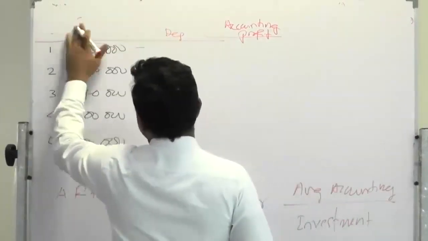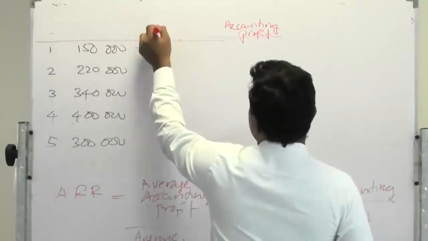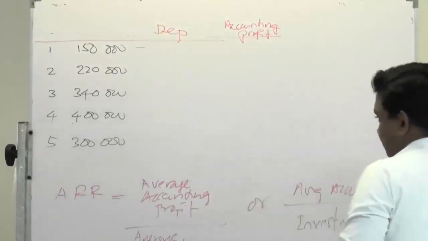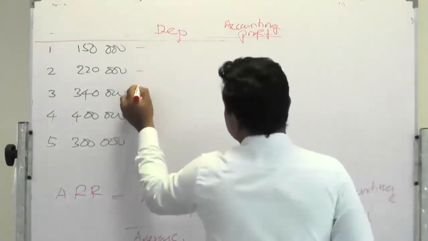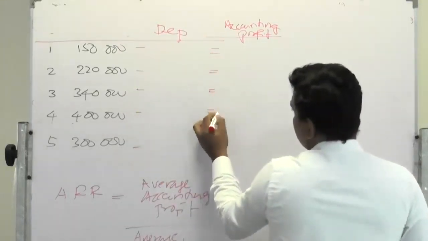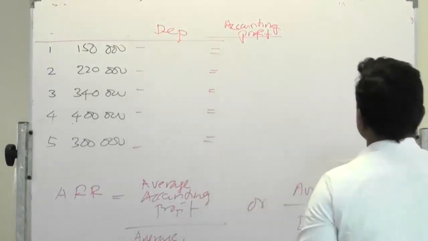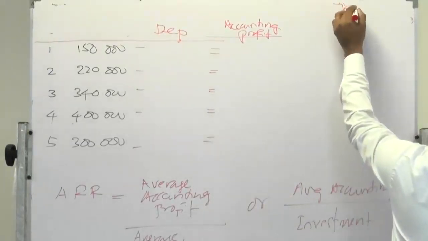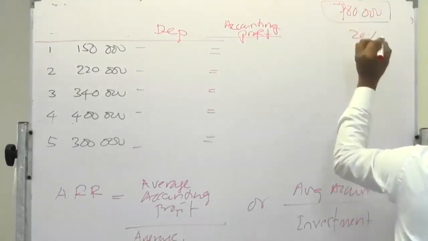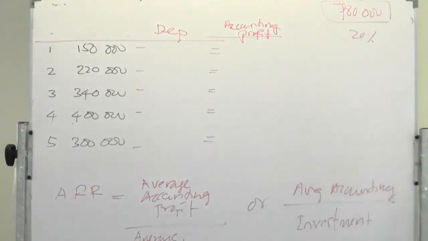Let's remove the investment here. You need to reduce depreciation to have the accounting profit. This question clearly mentions, right, the cost of the investment is 780,000 and will be depreciated at 20% per annum on a straight line basis.